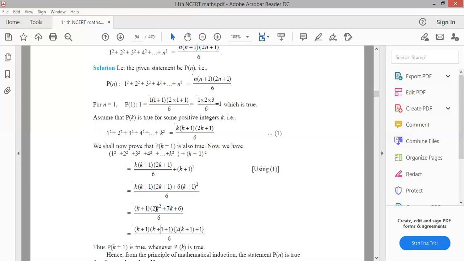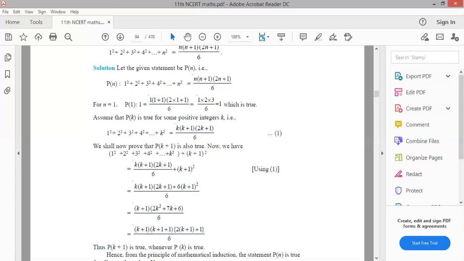Then we arrange the terms in order to resemble this step with the given statement. So we break this term in k plus 1. So it is k plus 1 plus 1 into 2k plus 1 plus 1 divided by 6. If we multiply these terms, from this up to this one, we will definitely get this step.